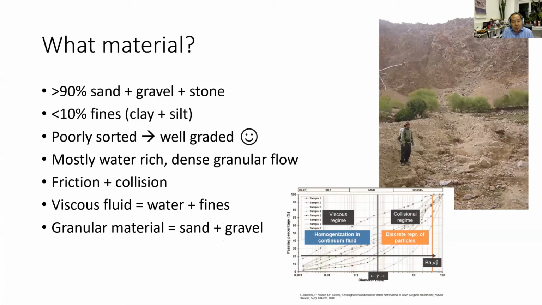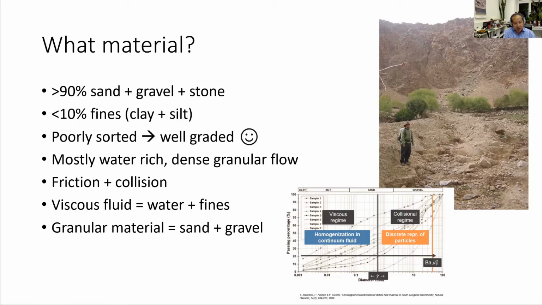So let me look at what kind of material we have. We need to look at debris flow in the whole broad spectrum, so we have to confine ourselves to specific debris materials. I'm not talking about mud flow, with a large percentage of fine material, or a rock avalanche with very coarse and dry material.